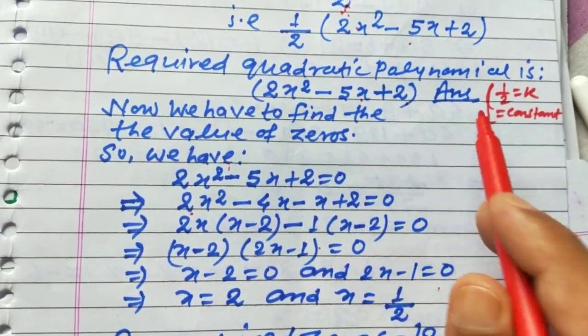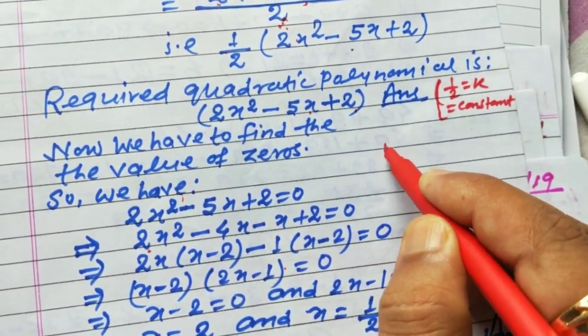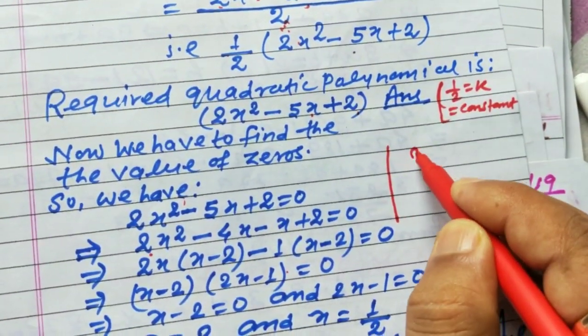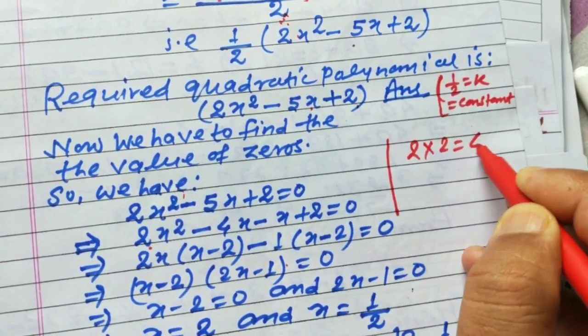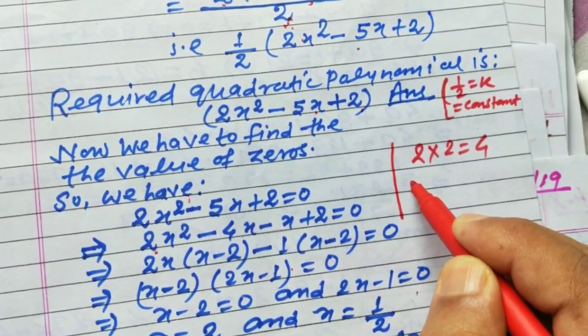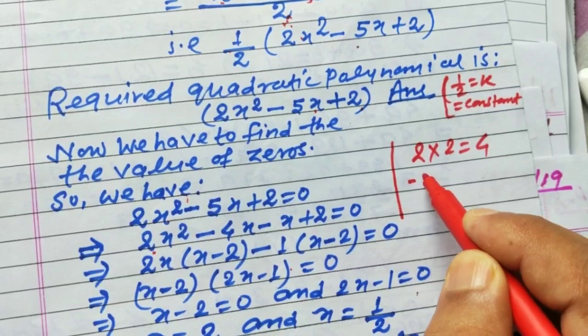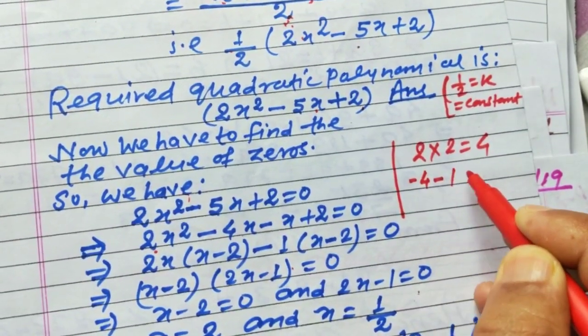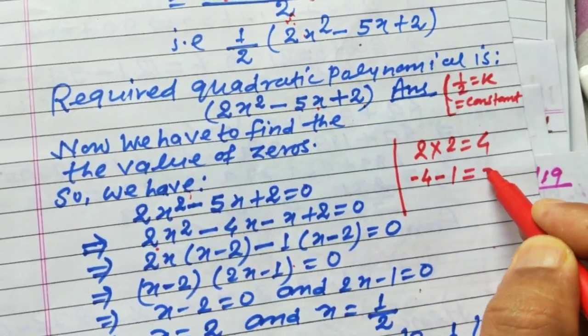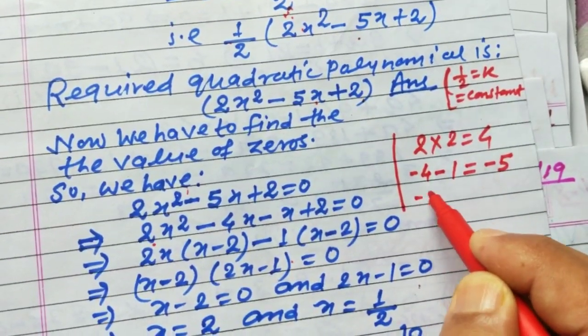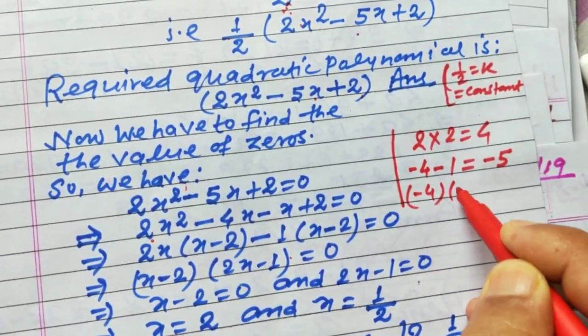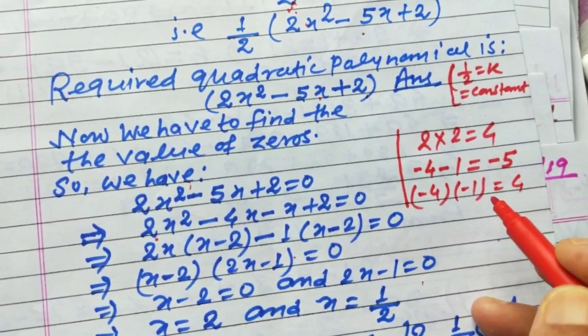So you can see, if we multiply 2 by 2 we will get 4, and if we add minus 4 and minus 1, it will be equal to minus 5, and minus 4 into minus 1 will be equal to 4.